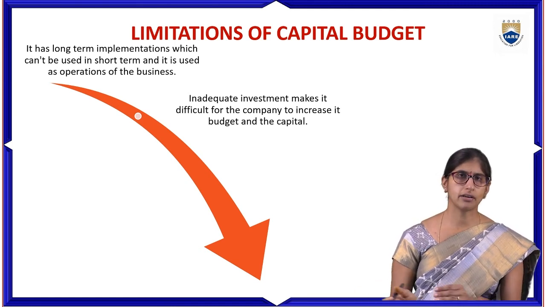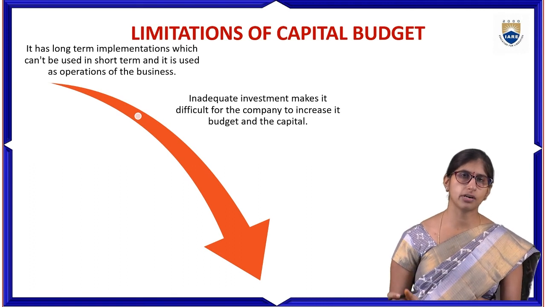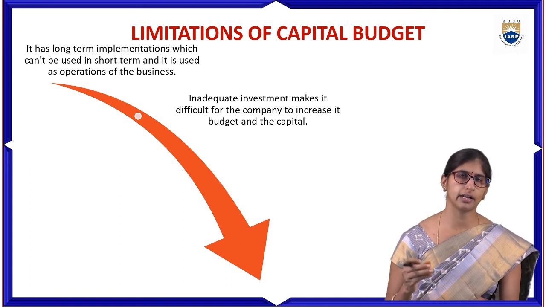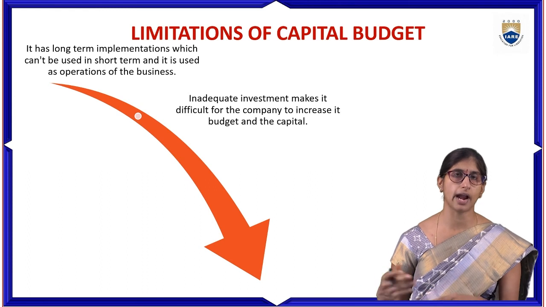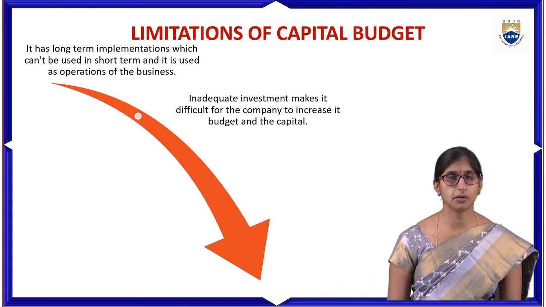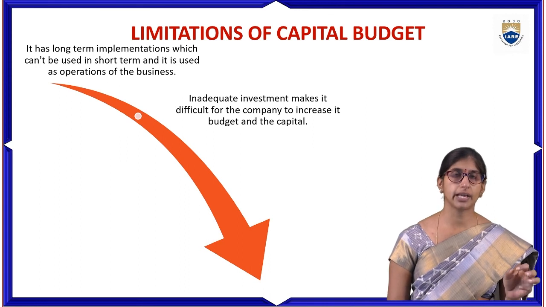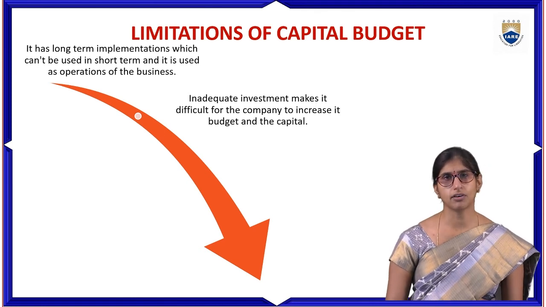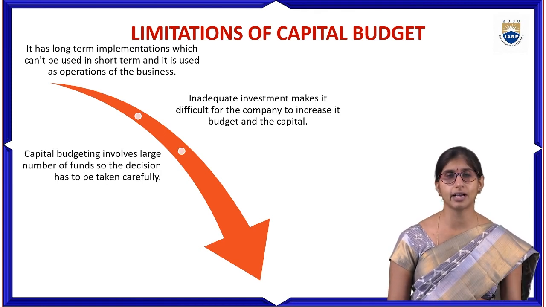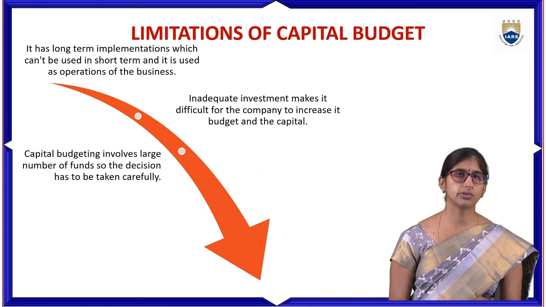So one cannot put in some more amount every month or every year, or add on to the investment pattern. So it is going to make it difficult for the company to increase the capital budgeting, because it is already committed. So it is going to involve a large number of funds.